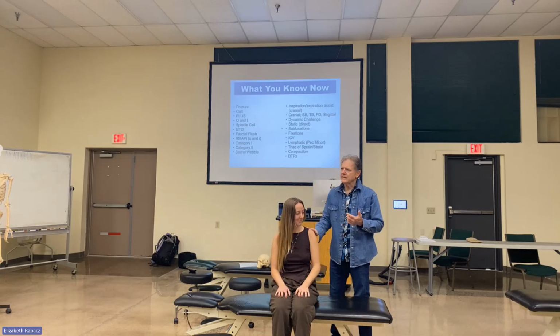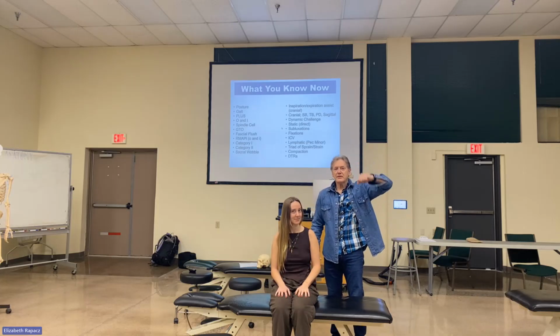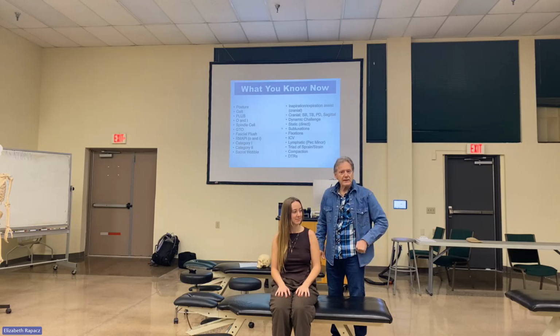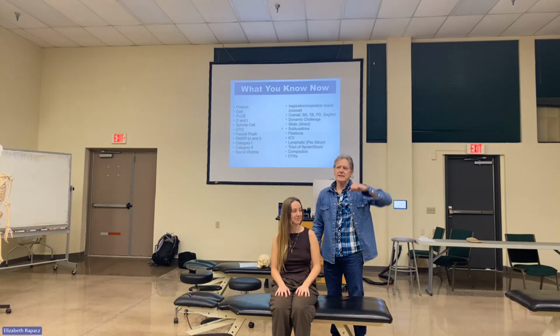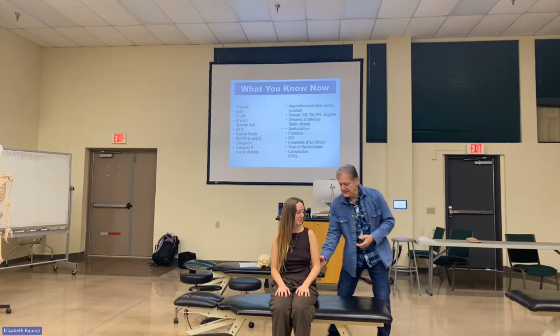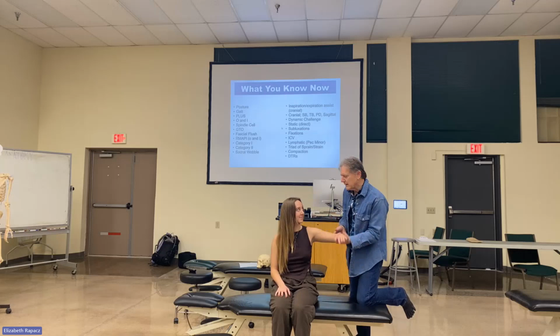Now, what's the antagonist of the infraspinatus? So we have subscap, and probably lats a little bit, but especially subscapularis. Now, this is how we test subscapularis. And it tests strong in the clear.